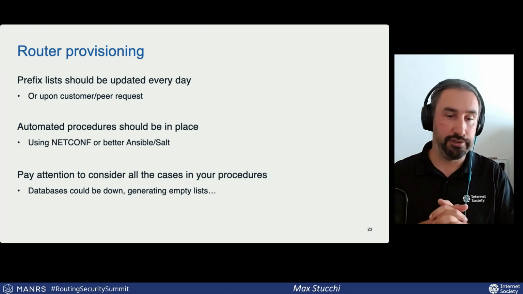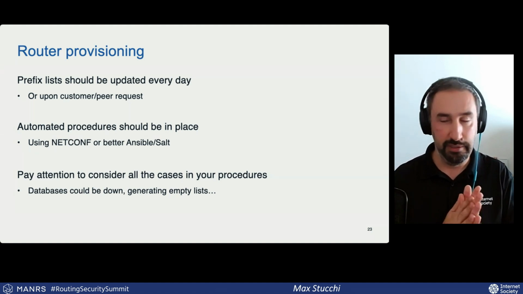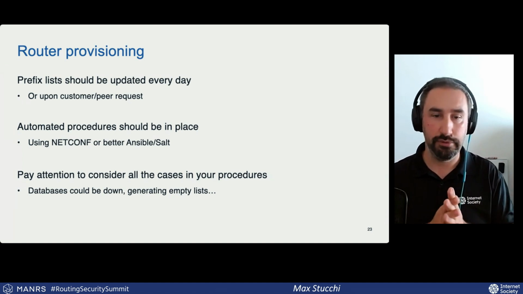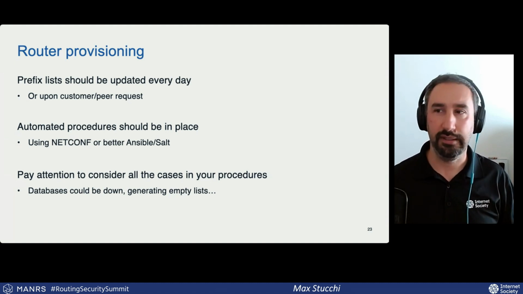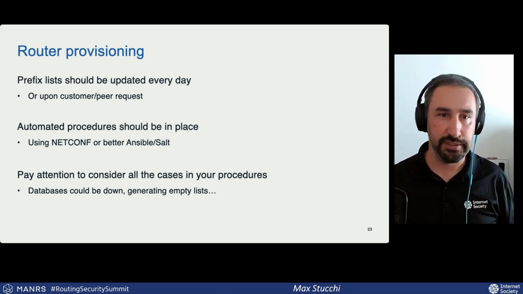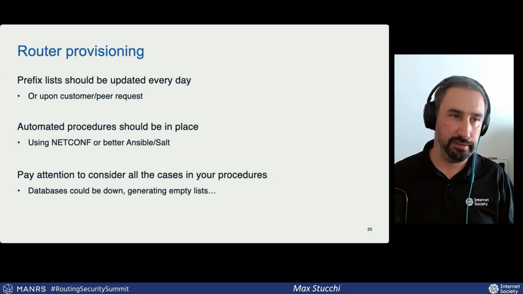And then pay attention, this is my suggestion, to consider all the cases in your procedures. I know of at least a couple of people who built their own tooling to generate the filters, and they didn't consider the fact that sometimes your data source, a.k.a. the databases, might be down, unreachable, or you might have other issues.